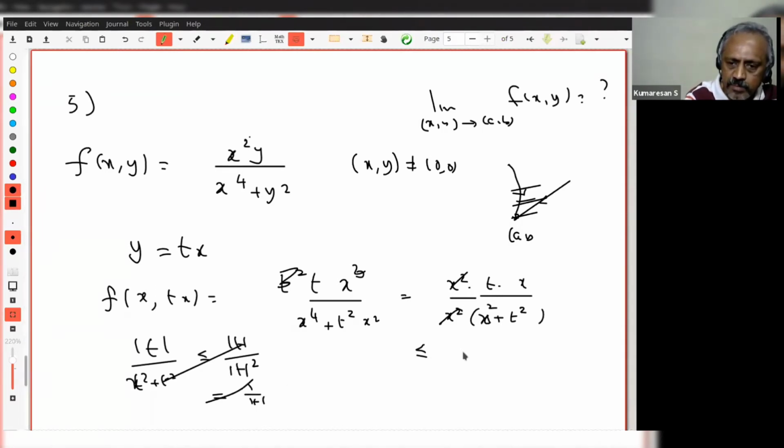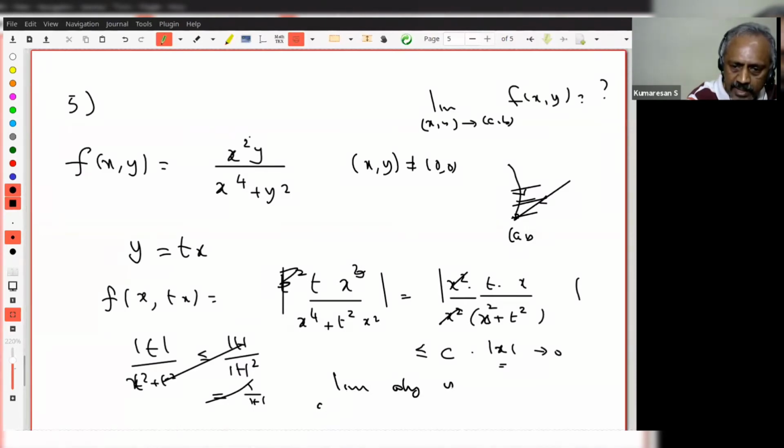This is some constant times x. You follow that? After estimating in modulus, I get this. But as x goes to 0, then this goes to 0. Therefore, the limit along the line y equal to tx or mx exists, and it is 0.